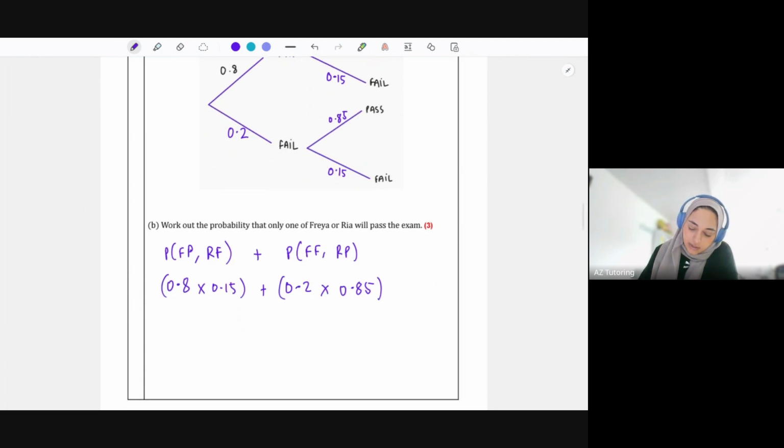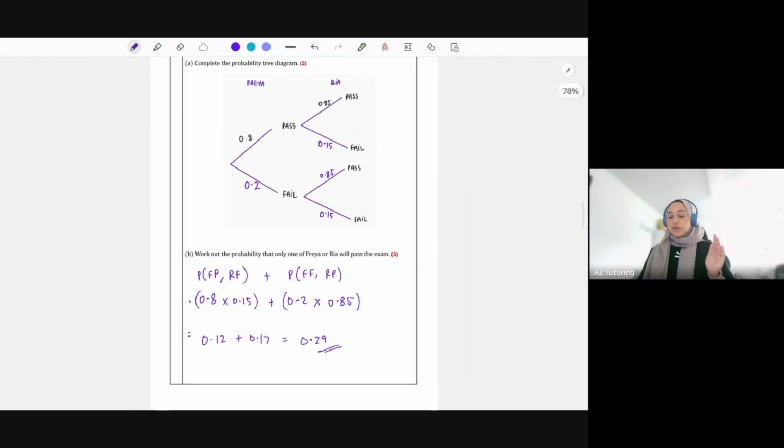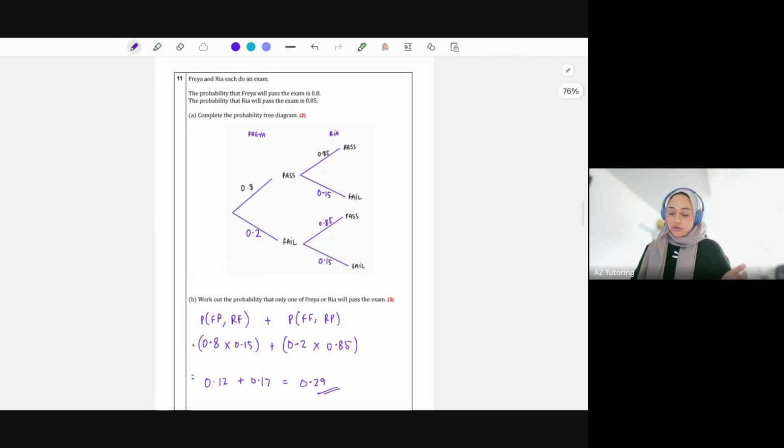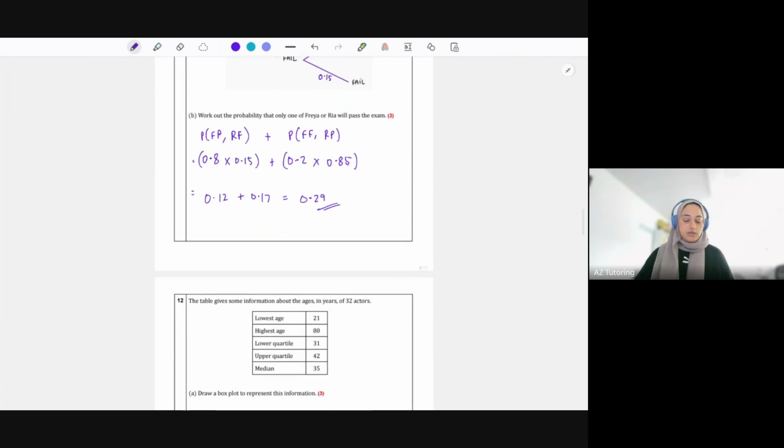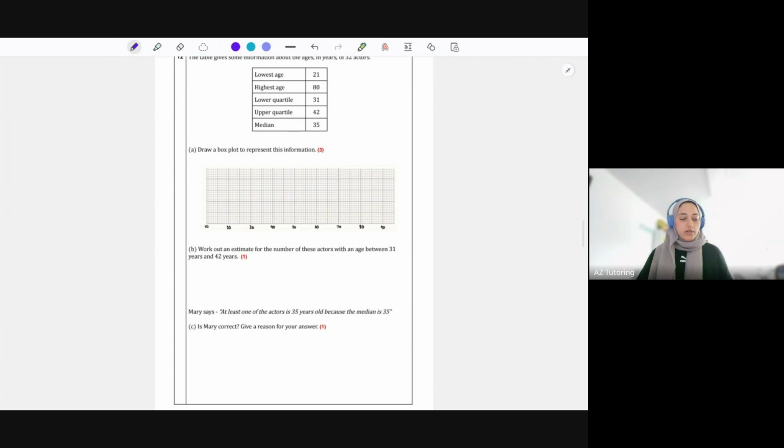Okay, putting that in the calculator, we get 0.12 plus 0.17, and that gives us 0.29. If you end up getting a number more than 1, you know you've definitely gone wrong, and that seems like a sensible number. 0.29, a chance of 29% that only one of them will pass the exam. Okay, that's question 11. Let's move on to question 12.